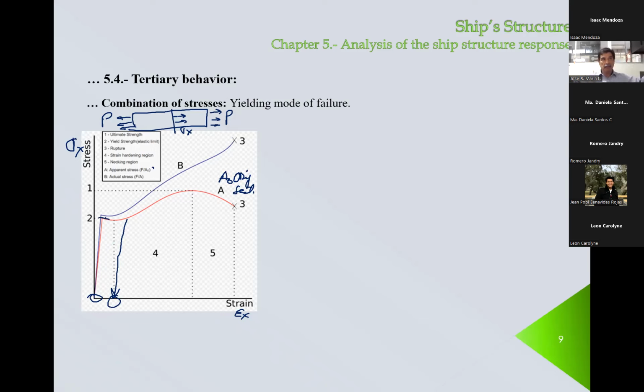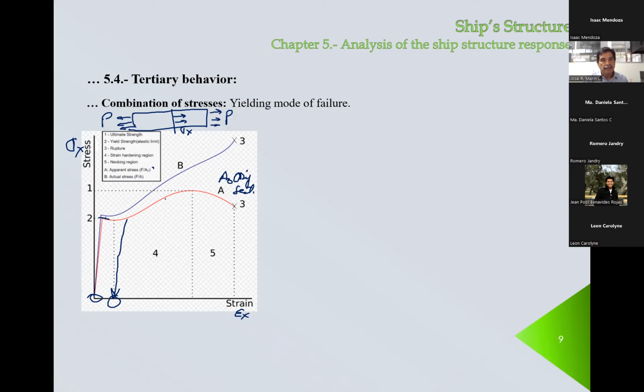Because when you pull, there's going to be a reduction in the normal direction because of the Poisson effect. The area will be reduced. So if you use this area, you obtain the blue curve. And you see that since the area reduces, the stress is higher than the red one. So this is the result using the actual, the real area. So that's the difference between these two.